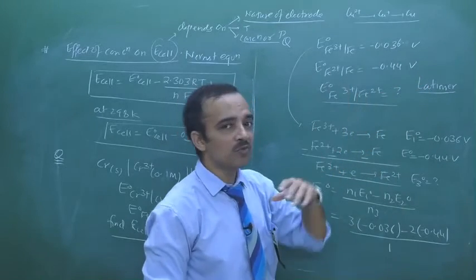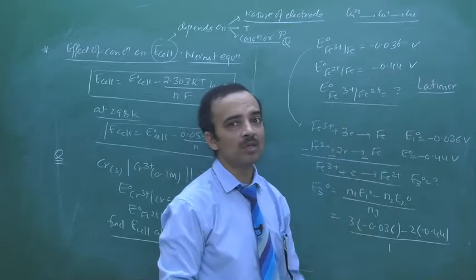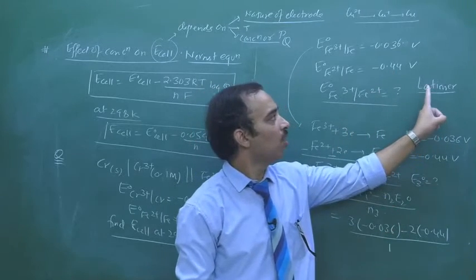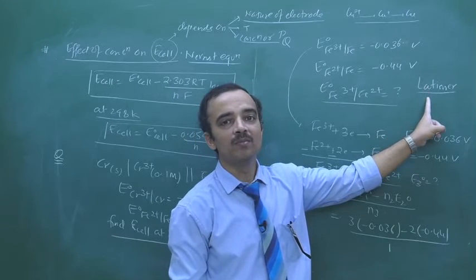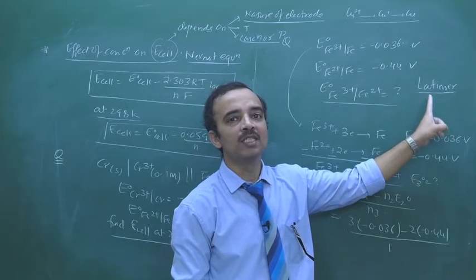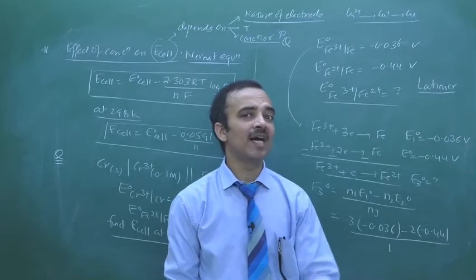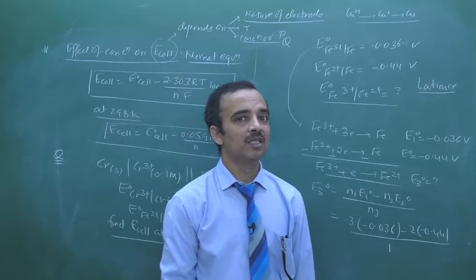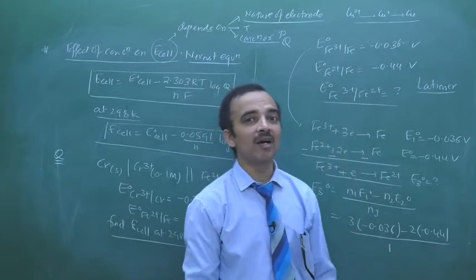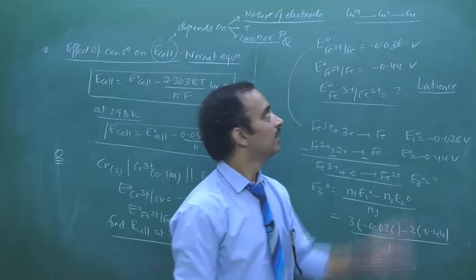When it converts from +2 to iron, its electrode potential is this one, and so on. And questions are frequently asked on this topic in your examination. These two questions which I have written are actually past year questions.